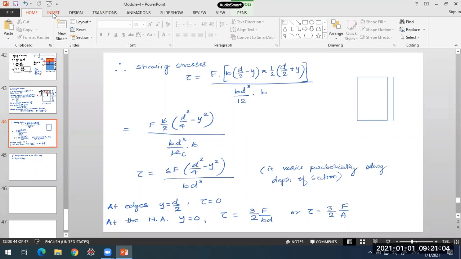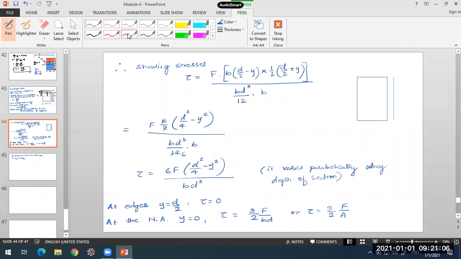So the variation would be something like this. It varies parabolically. That is one thing we have noted. So the parabolic variation would be something like this. This is the shearing stress variation. It will be a perfect parabola.